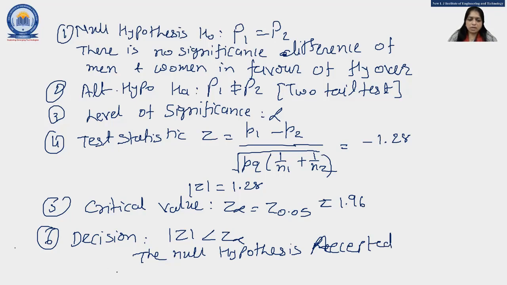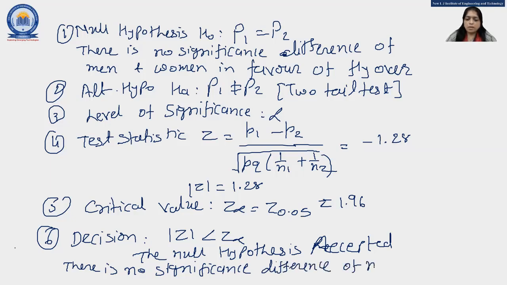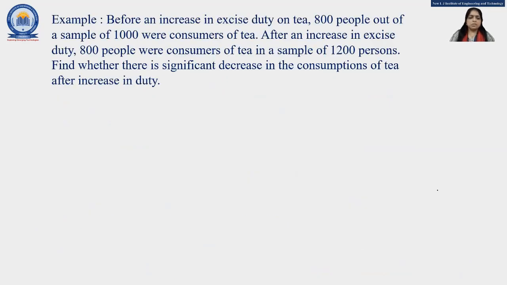As the null hypothesis is accepted, it means there is no significant difference of men and women in favor of flyover.